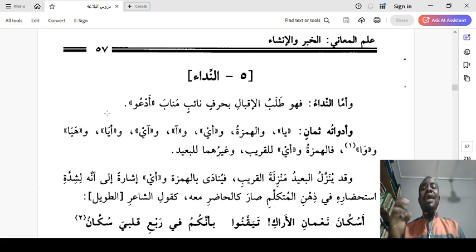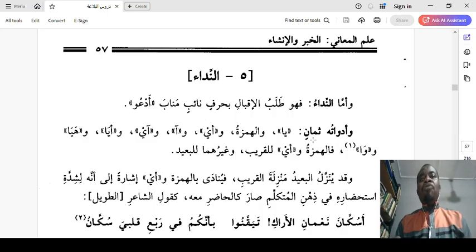You mean ad'u Muhammad. So the adawatu nida are actually taking the position of the fi'l nida, which is the ad'u. When you say Ya Muhammad, the meaning is ad'u Muhammad. So that is why it says it is the talabul iqbali بحرف نائب مناب أدعو.